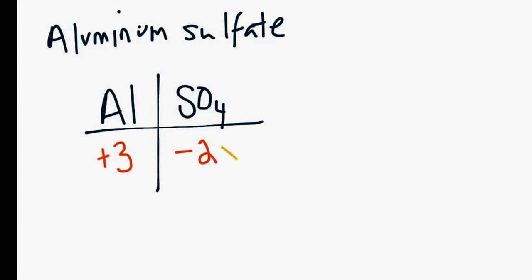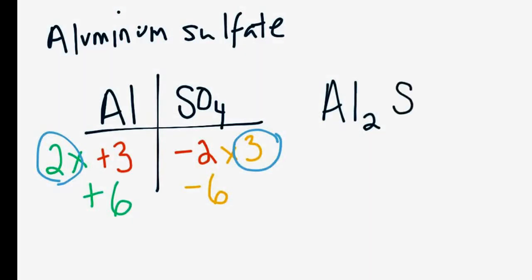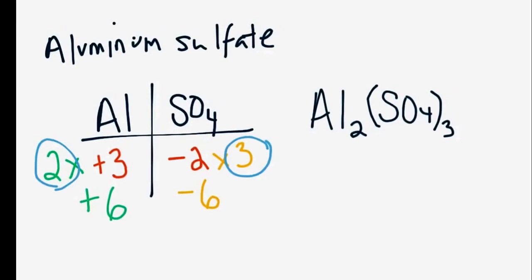So if I multiply that number by 3, I get -6. And if I multiply this number by 2, I get +6. Whatever the multiplier number is, that is your subscript for that ion. So I will need 2 aluminums, and I will need 3 sulfates. Because I need more than one sulfate, you have to put it in brackets. Otherwise, it looks like you've got 43 oxygens.